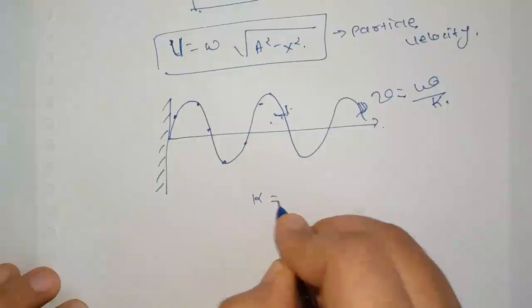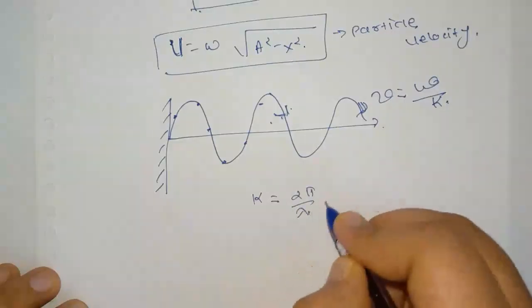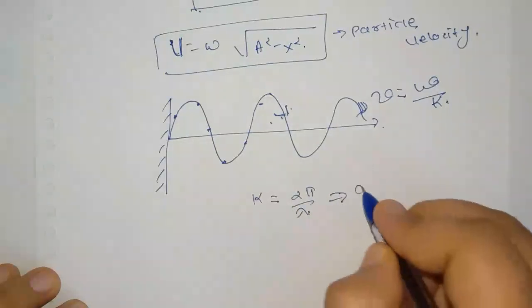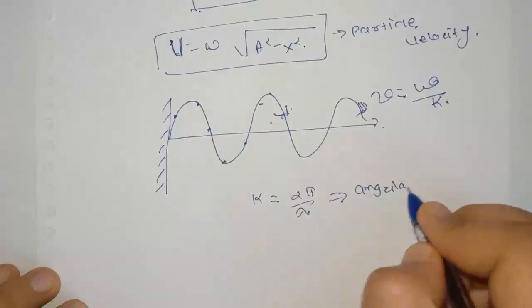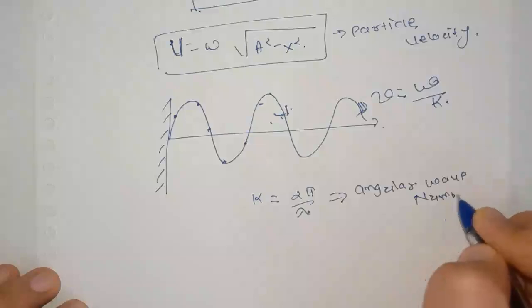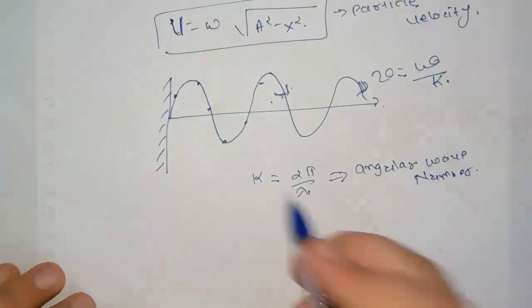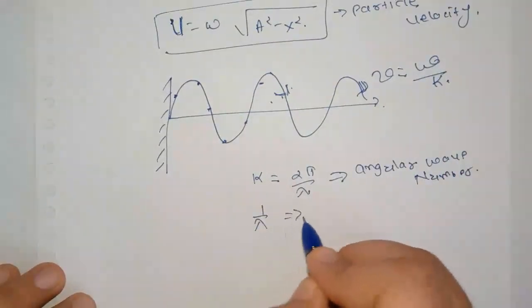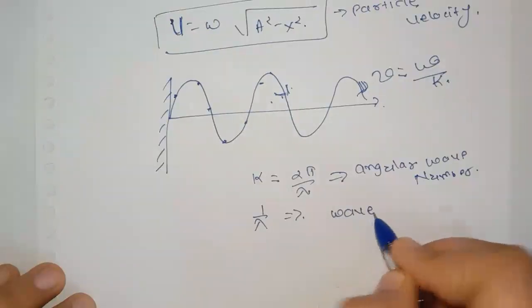The k, that is 2 pi by lambda, is also called the angular wave number. And 1 by lambda is called the wave number.